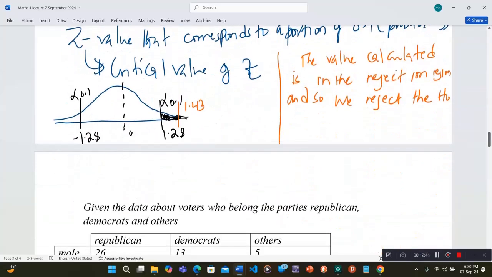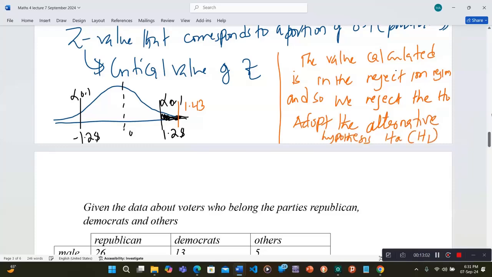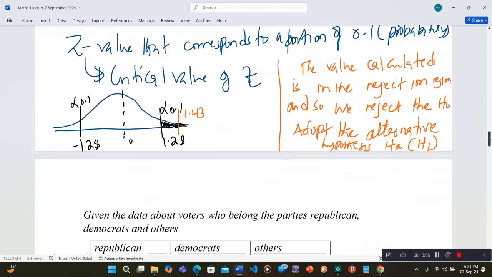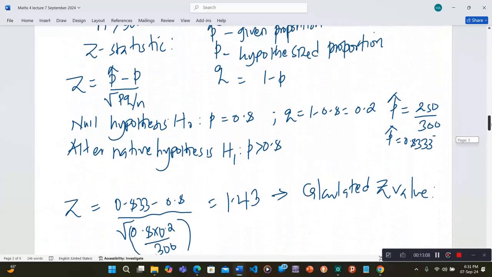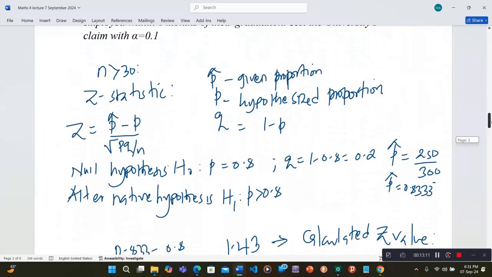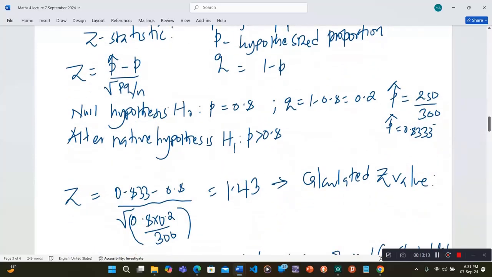The decision that we are making is that we adopt the alternative hypothesis, because according to the test that we have done, we reject the null hypothesis which says P is equal to 0.8.